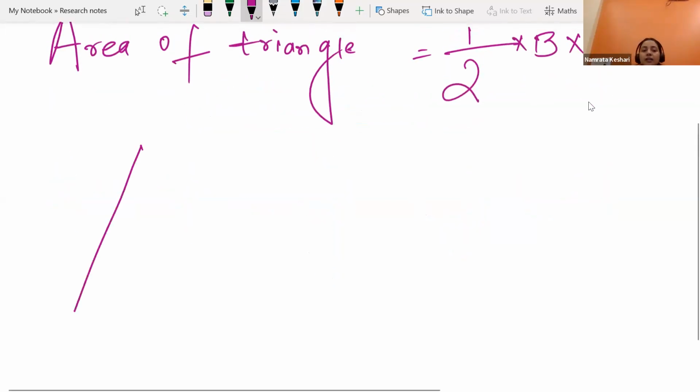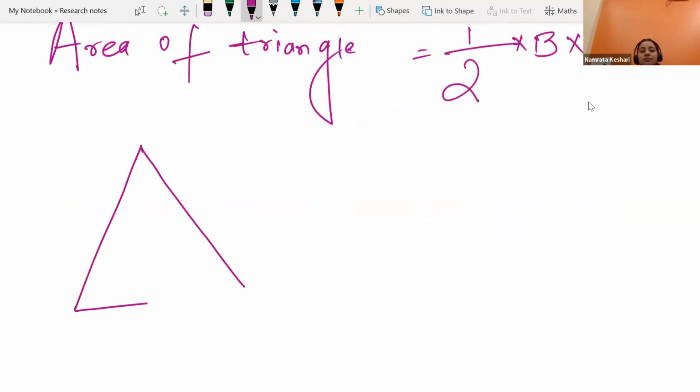Suppose I'm taking a triangle. Whenever I talk about triangles, three types come: scalene triangle, isosceles triangle, equilateral triangle. So suppose I'm taking a scalene triangle ABC.